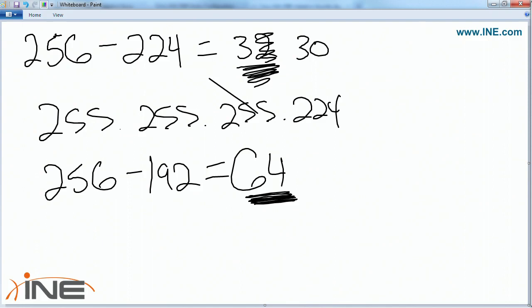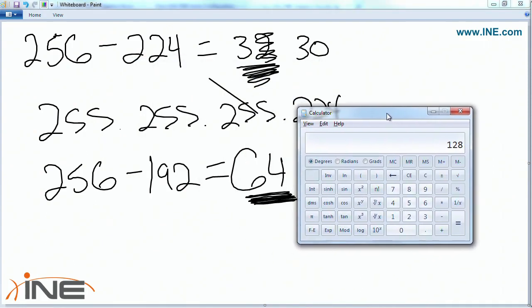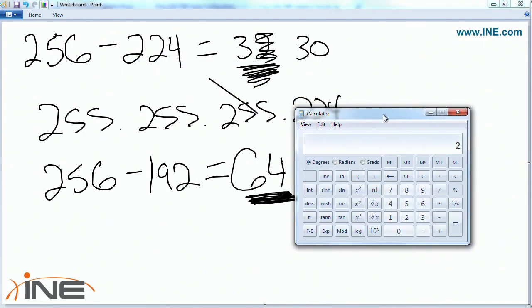So if you were to take 256 minus 192, it's a range of 64 for the host addresses. The first subnet is going to be 0. The next subnet is 64. If you keep adding 64, these are going to be the network numbers. So the subnets would be 0, 64, 128, 192, and then that's it to get to 256.